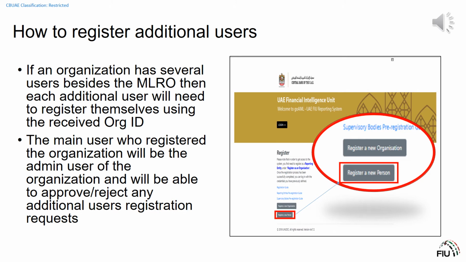That organization ID was sent in the notification email from the system that informed the MLRO or the admin user that the organization request has been approved. The MLRO or the main user who registered the organization initially will be the admin user of the organization and will be able to approve or reject any additional user registration requests.